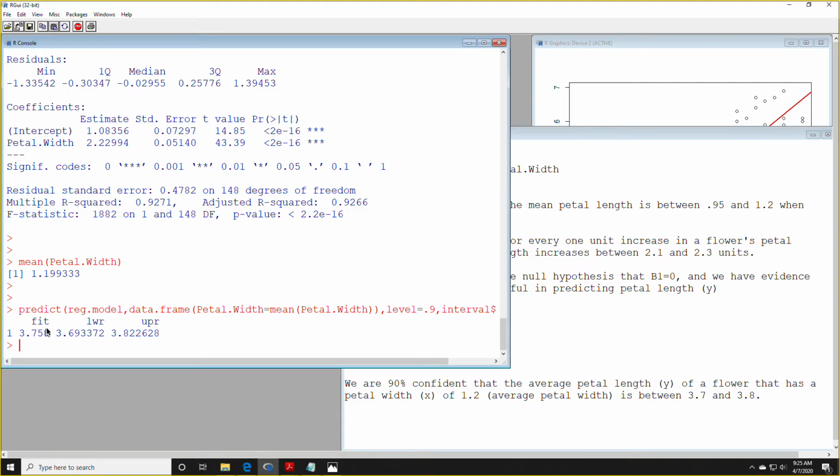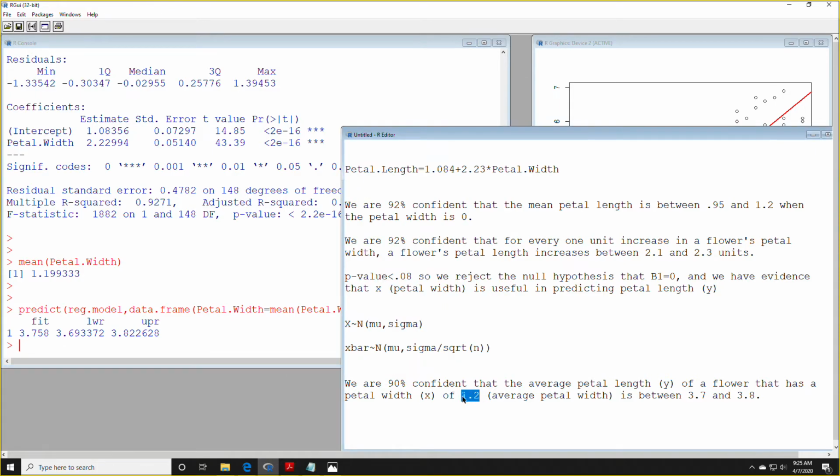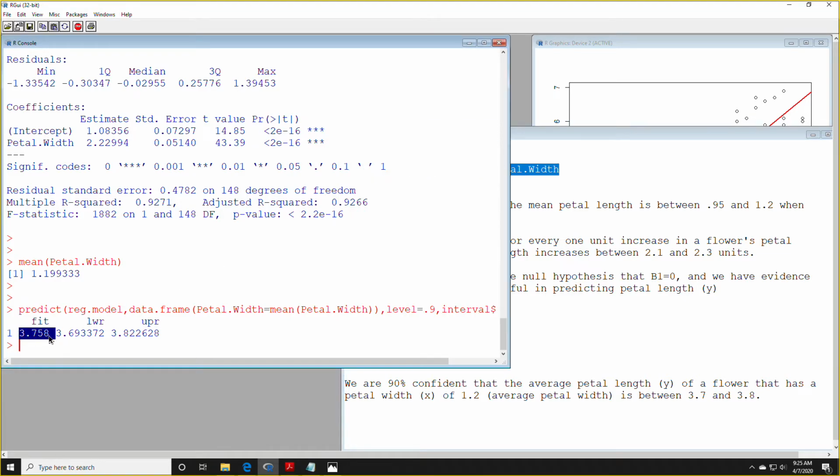So that's our point estimate. That's our y hat when x is 1.2. It would be very easy to show: if you plug 1.2 in right here, then this plus this times 1.2 is going to be 3.758. So that's the y point on the line when x is 1.2, but this is the confidence interval for that average value of y.